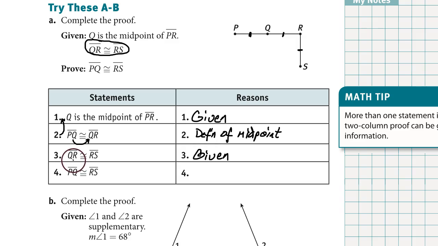In turn, QR is congruent to RS. So let's make a logical connection between these statements to say that PQ is congruent to RS. That is the transitive property. If one thing is congruent to another, and that thing is congruent to a third thing, then the first one is congruent to the third one also, the transitive property.